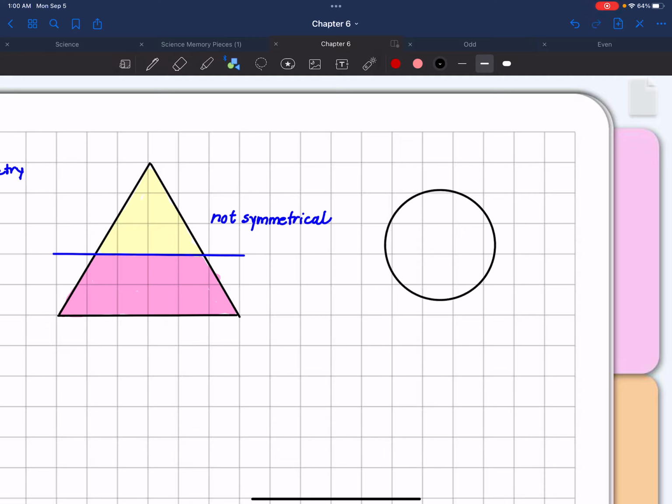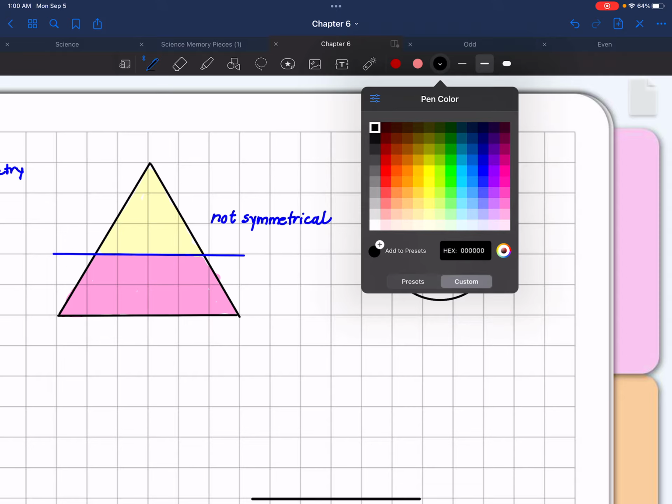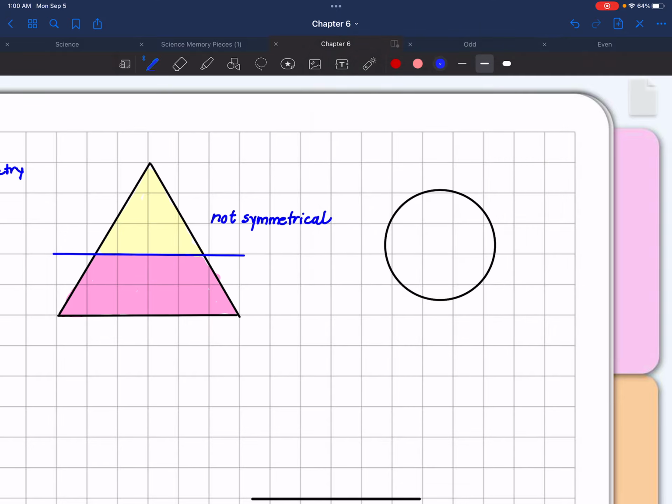Okay, here comes the line, and you tell me if it's a line of symmetry or not. What do you think? We're going to get a mirror image between this one and the other half?